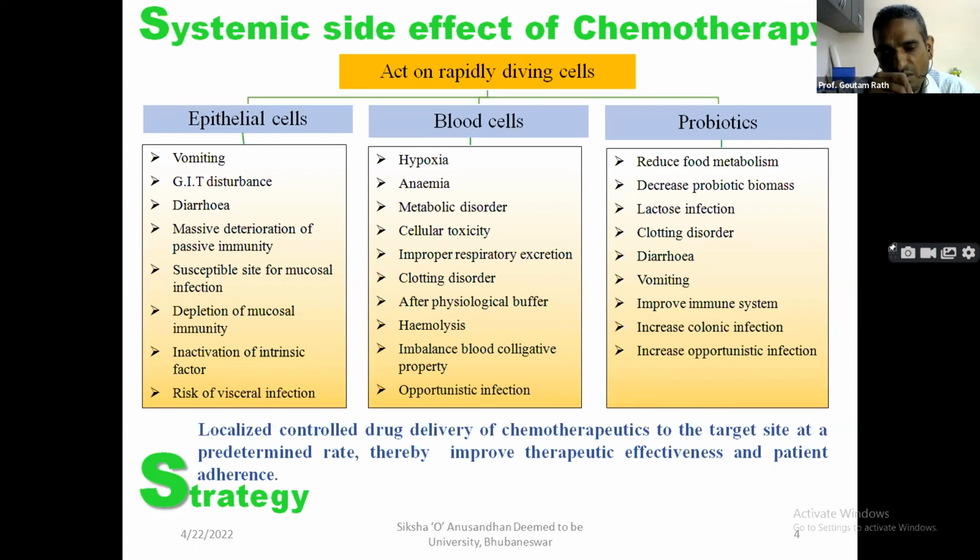But we can prepare nanofiber from a large number of polymers. Any polymer you think of, you can select to prepare the nanofiber. Why am I highlighting the polymers? Because it is the polymer that makes the nanofiber unique.